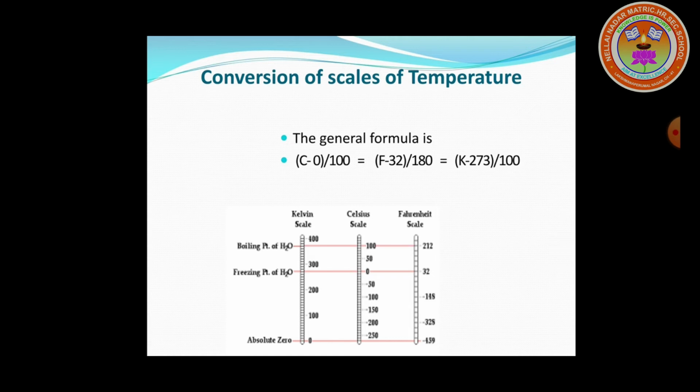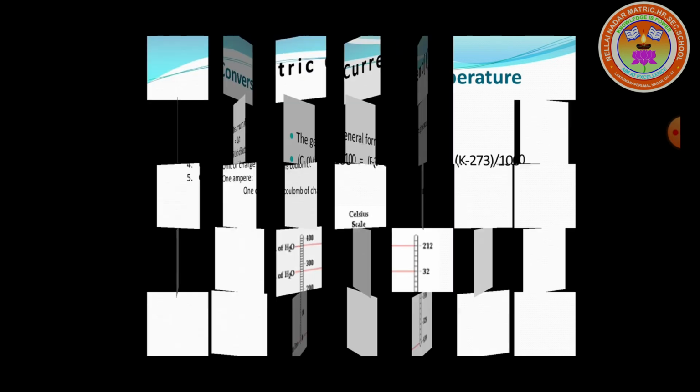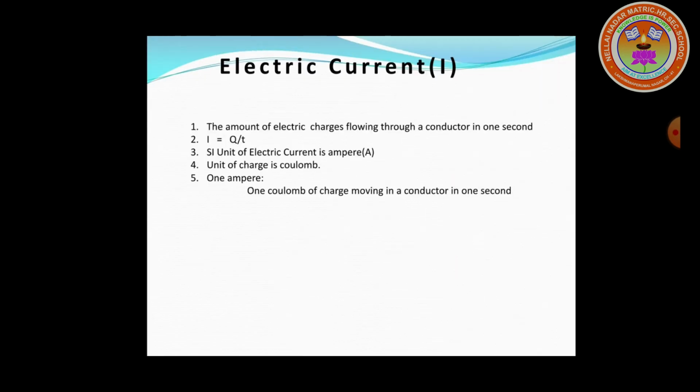So students, we discussed the fourth fundamental quantity, temperature. Next we move on to the next fundamental quantity, electric current. Already you know current. Without electricity, we could not survive nowadays, isn't it? So first, what is current?